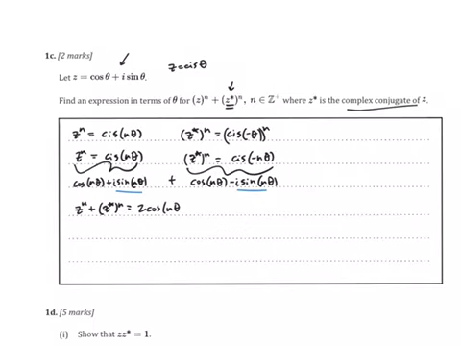But since cosine is an even function and sine is an odd function, then the negative on the inside of the cosine just negates, and we get cosine n theta because it's an even function. And because sine is odd, I bring the negative out in front. So it's the opposite of the function itself. Therefore, here we go. We get this expression for z to the nth plus z star to the nth.